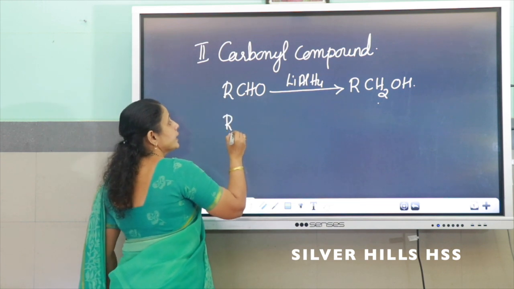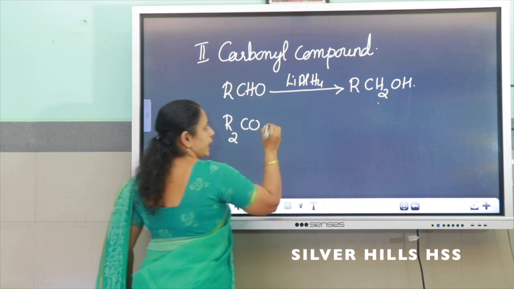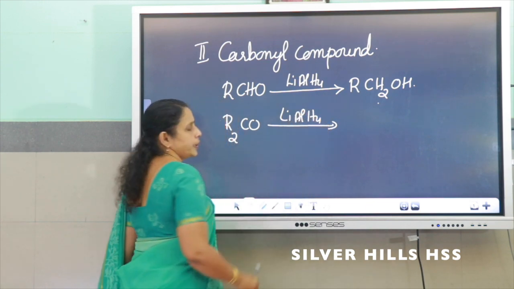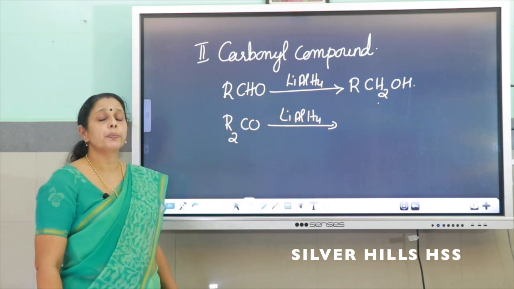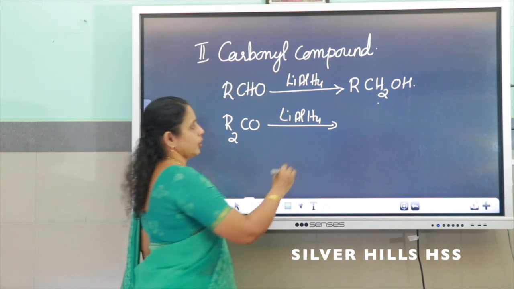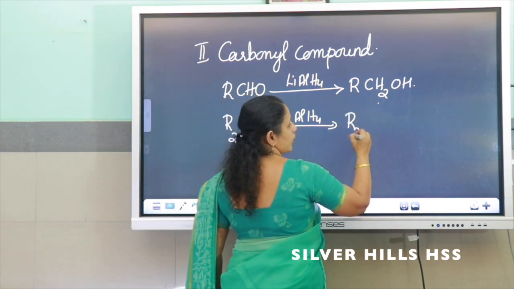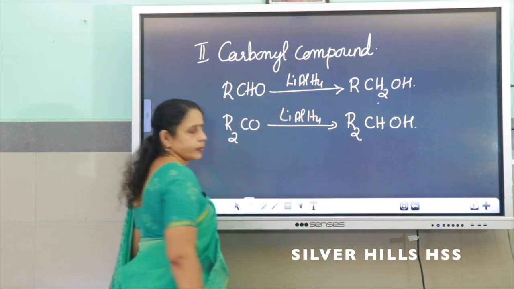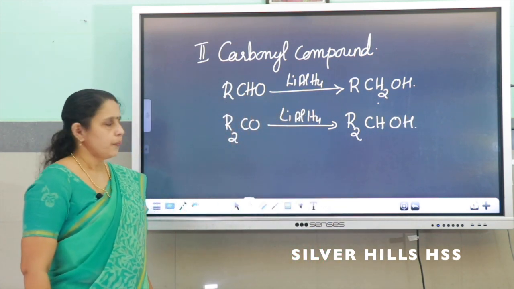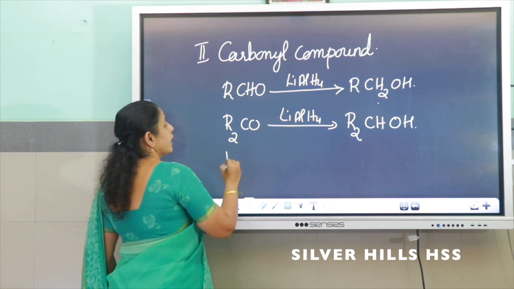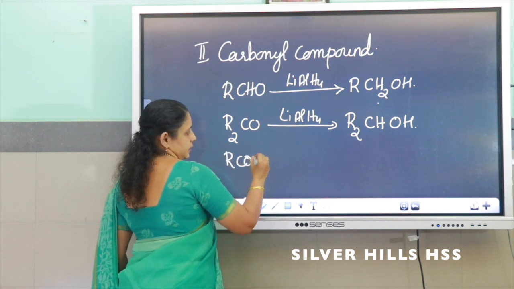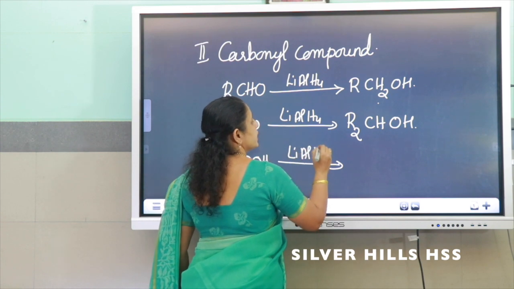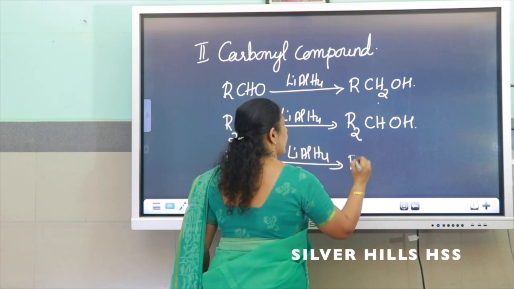When a ketone is reduced using lithium aluminum hydride, we obtain a secondary alcohol, that is R2CHOH. Whereas a carboxylic acid on reduction gives a primary alcohol.